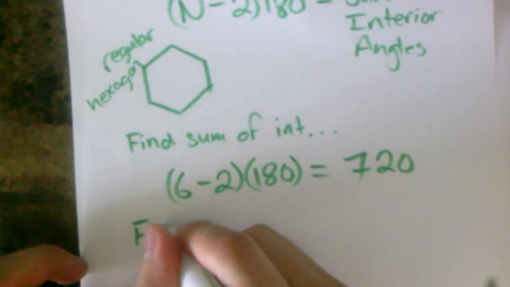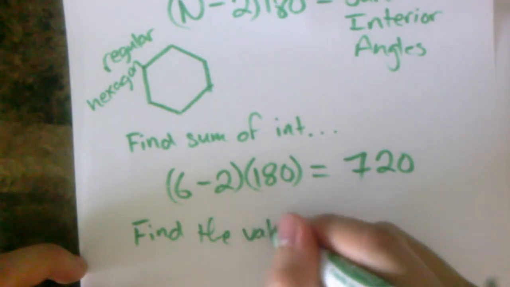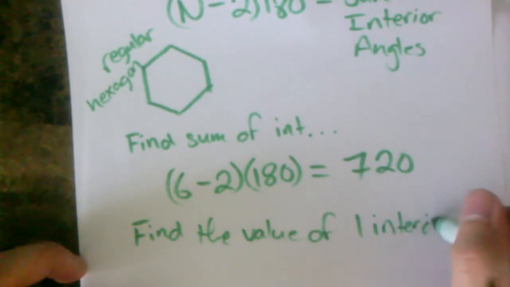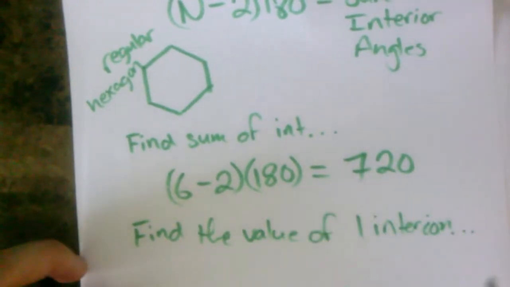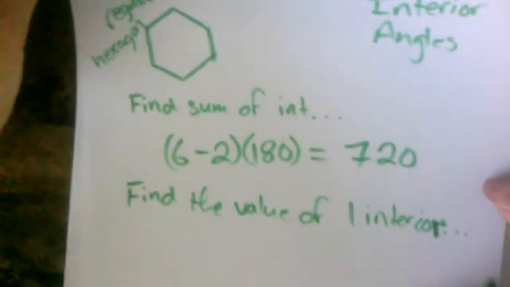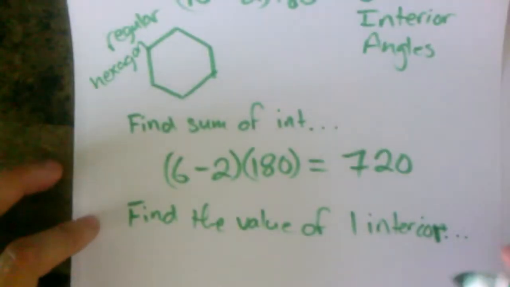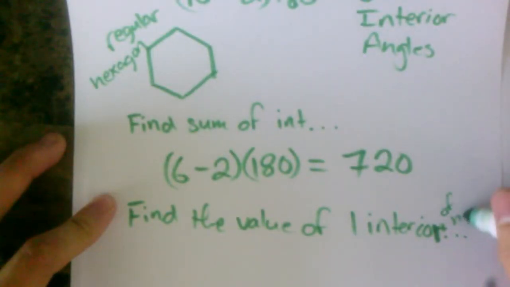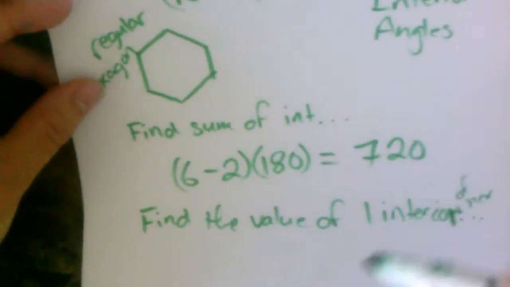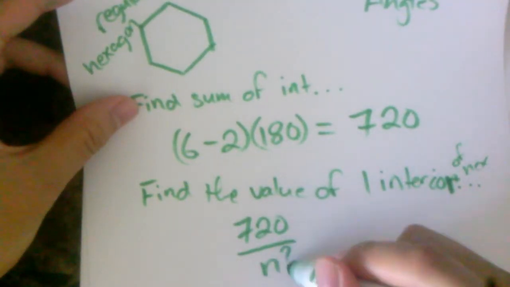Now let's go one step further. Now find the value of one interior angle. So if this gives you all of the interior angles of a hexagon, what you have to do is take all of your interior angles, so all of them, and divide by however many sides you had.